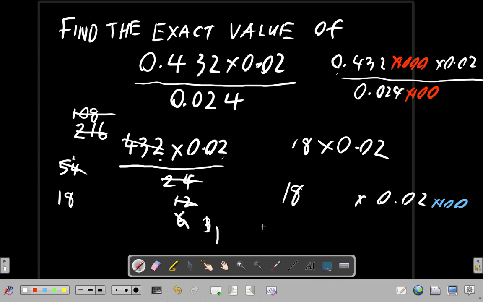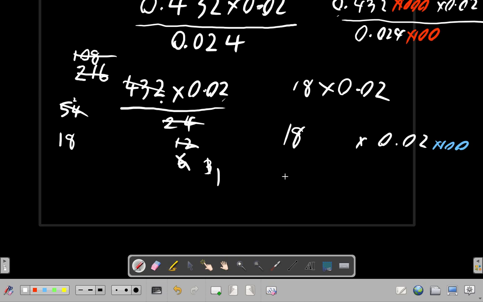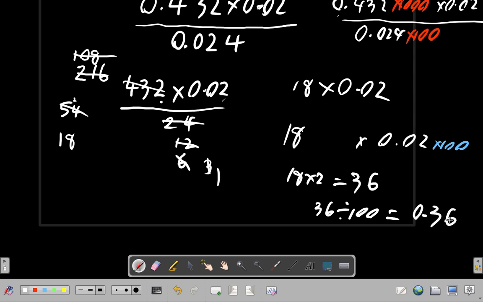So we note that 0.02 was multiplied by 100. So we have 18 times 2, which gives you 36. But now we need to compensate for what we did earlier by dividing back by 100. So 36 divided by 100 is equal to 0.36. So that would be the final answer.